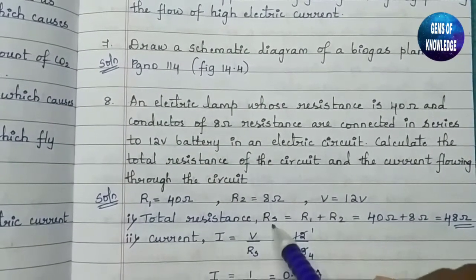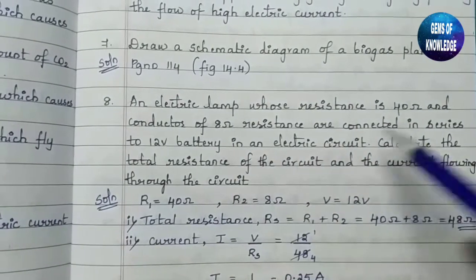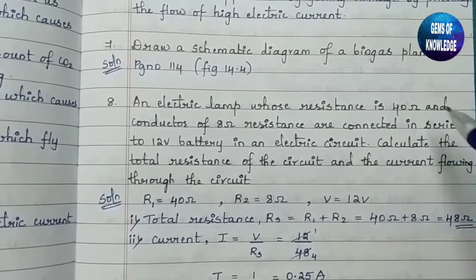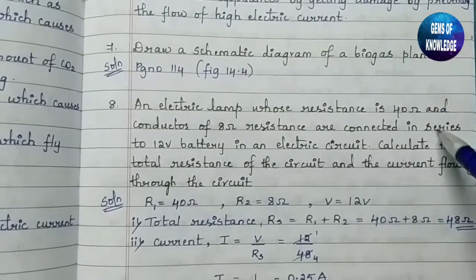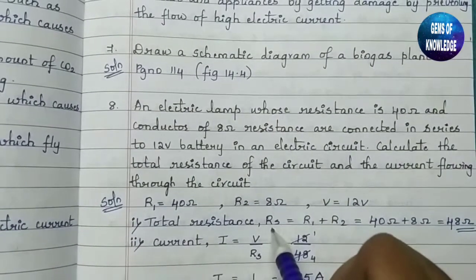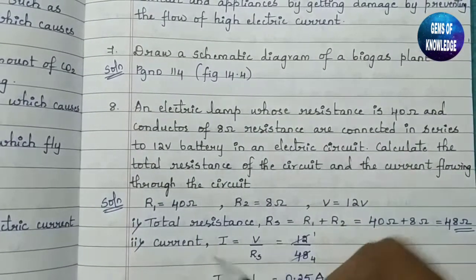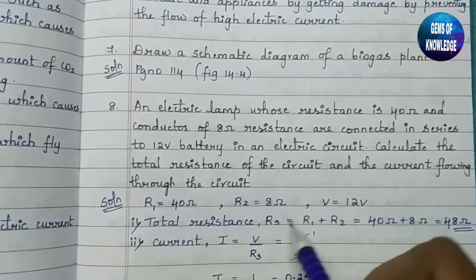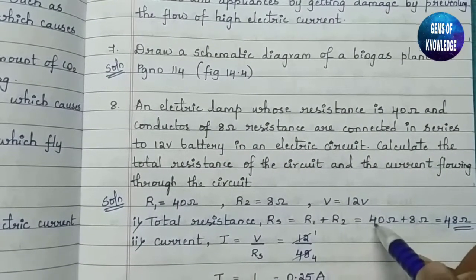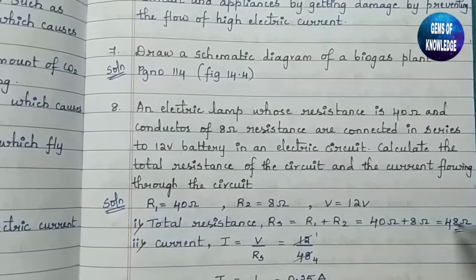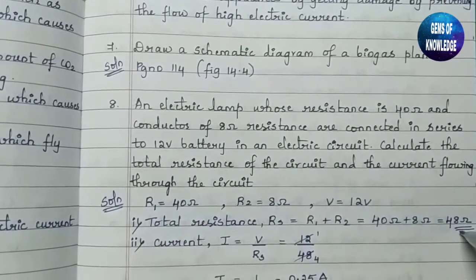Why is this taken as RS? Because all the resistances are connected in series. So we need to apply the series resistance formula here. RS equals R1 plus R2. We get 40 ohms plus 8 ohms, which equals 48 ohms.